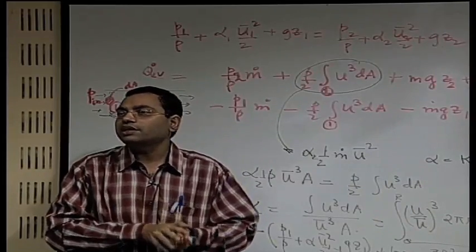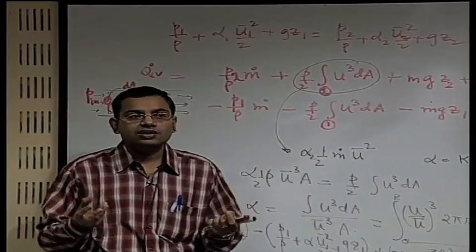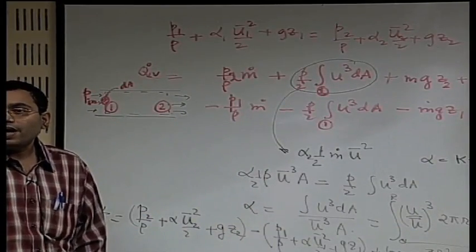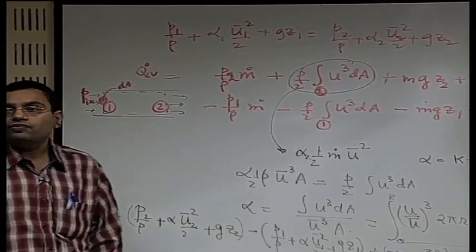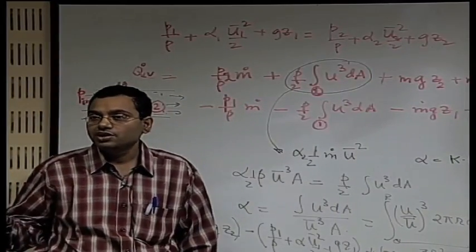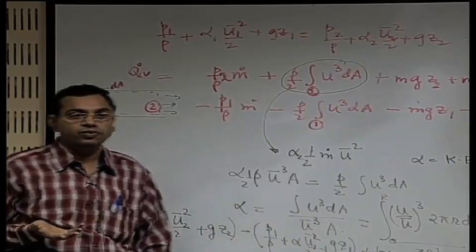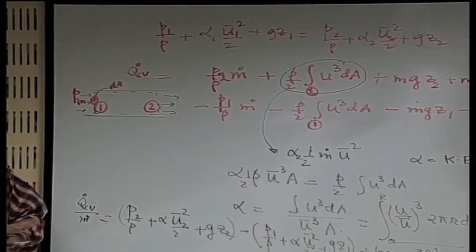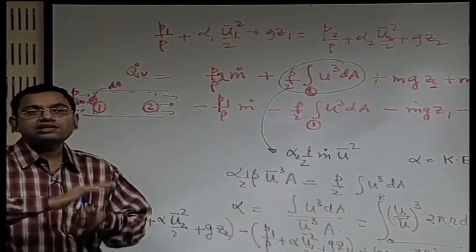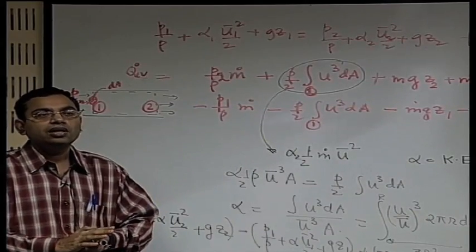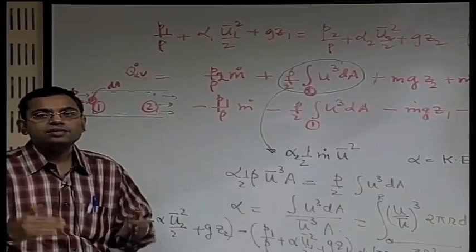There will be some work that is necessary, but that work is not a useful work. So, the entire work is dissipated, and where is it dissipated? It is dissipated in the form of intermolecular energy. So, the fluid gets overheated, so it increases the temperature of the fluid. So, because of viscous action, whatever work is necessary to overcome that is eventually manifested in the form of an increased temperature. This is known as viscous dissipation.